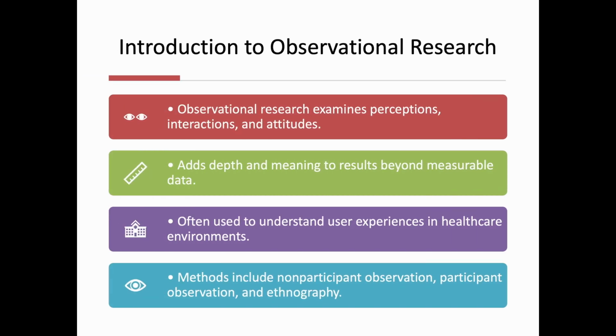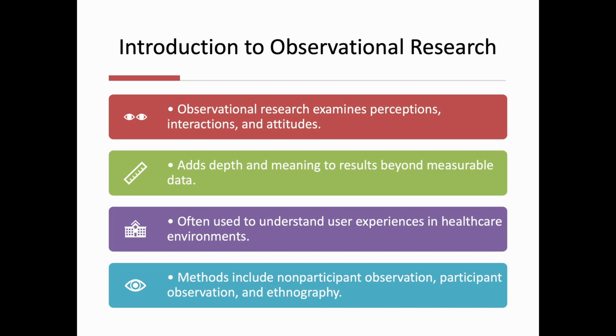Now that we understand the core purpose of observational research, let's outline the key learning objectives for today's lecture. Explain the purpose of observational research and its role in health informatics. Describe different types of observational research: non-participant observation, participant observation, and ethnography.